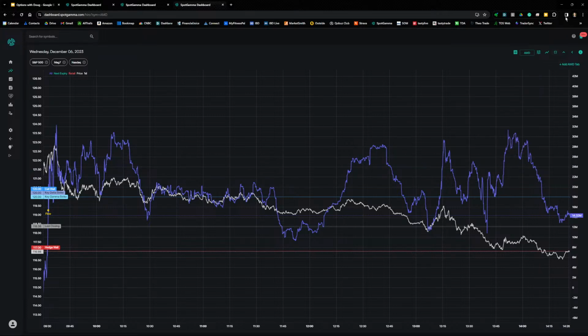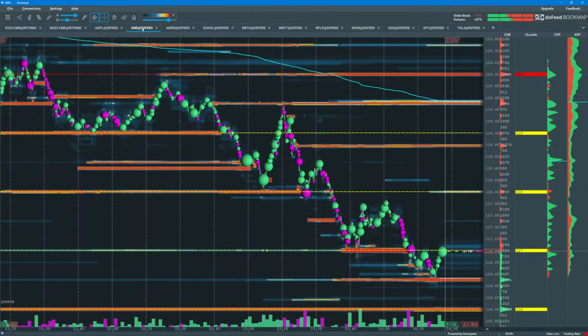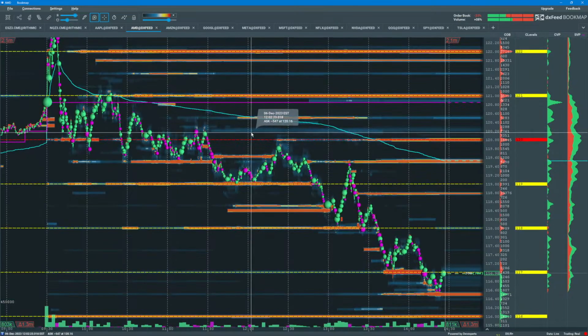Let's go take a look at Bookmap. All right, so not a very positive reaction to AMD's announcement today. AMD making a series of lower highs all day.